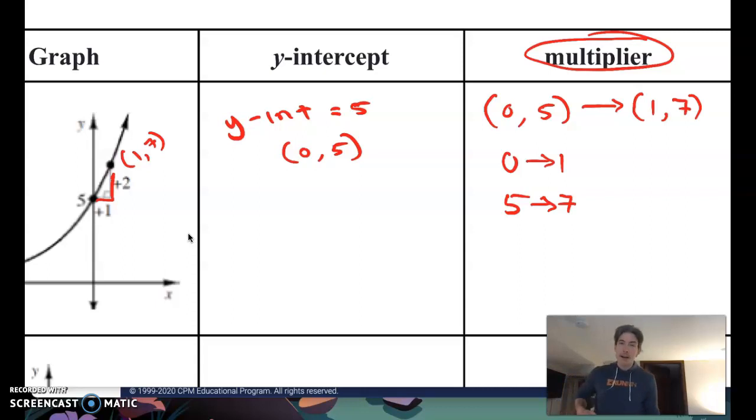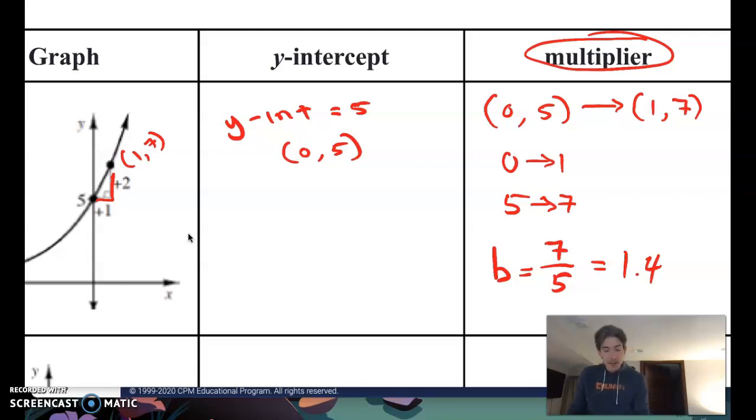And remember way back in chapter 5, our work with sequences. The way we can figure out what that multiplier is, that b value, is by taking a term and dividing it by the term that precedes it. Now you could write this as 7 over 5 and leave it as that improper fraction, totally fine. Or you could do this the maybe more common way and convert it to 1.4.